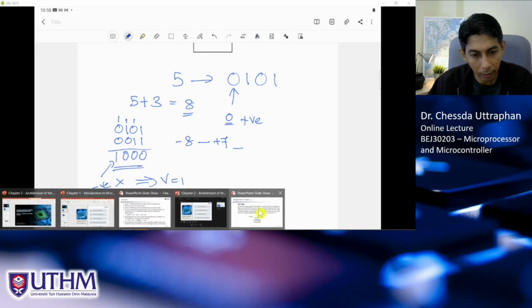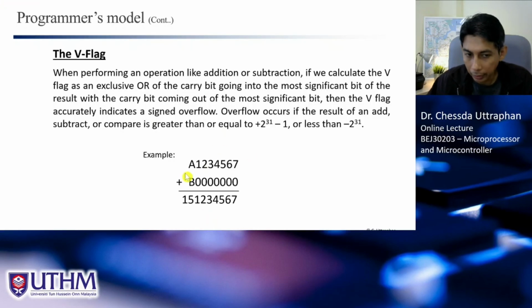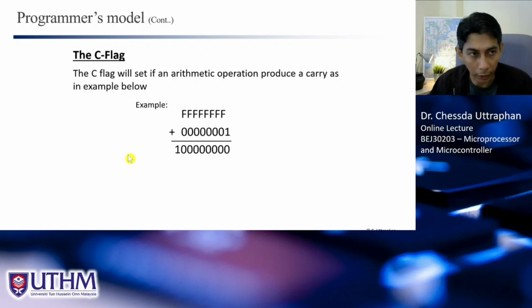When we have 32-bit and we add negative plus negative, we should have a negative result, but we have a positive result here, 5. Something is wrong already. And when we check using our calculator, this is not a 32-bit number already, not fit in 32-bit. That's why we say that V equal to 1.